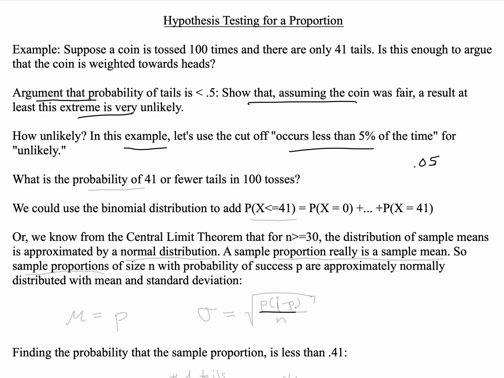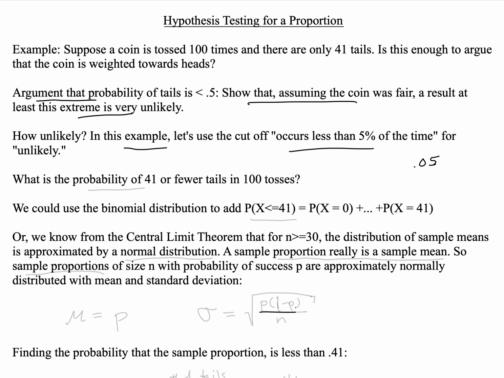So here, that's the sample proportion, 0.41, minus 0.5, divided by 0.05, which was the standard deviation of these sample proportions. And so that's negative 0.09 over 0.05, that's negative 1.8. So our z-score is negative 1.8.